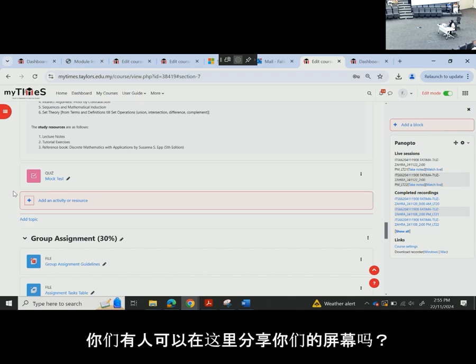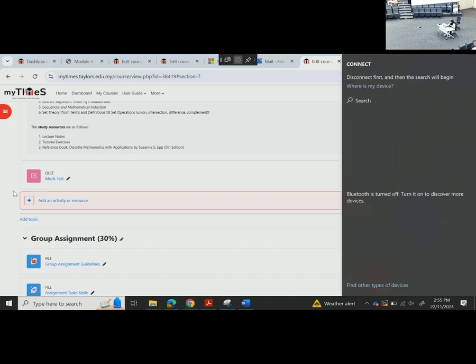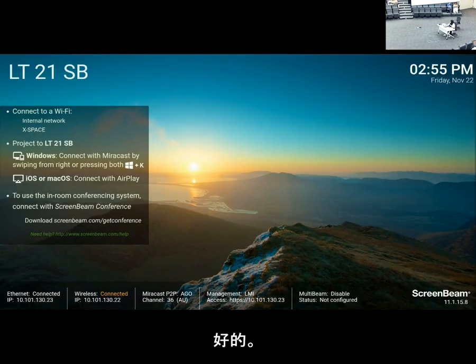Can any one of you share your screen here?